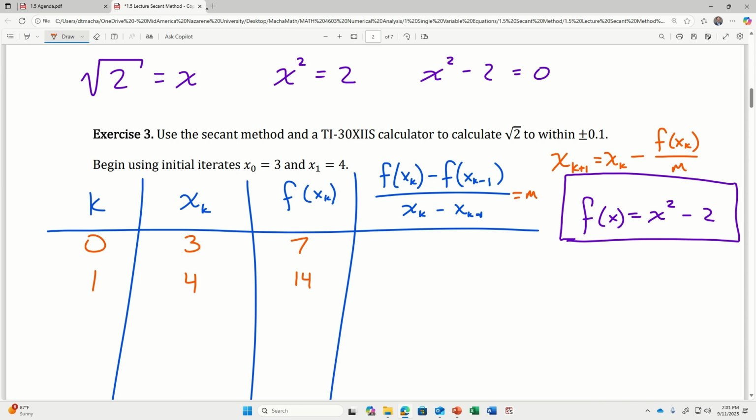Now, we'll have 14 minus 7 in the numerator, which is 7. 7 divided by 1 is 7. And then to get this next x2 value, it looks like we're going to need x1, which is 4, minus 14 divided by 7. 4 minus 2.